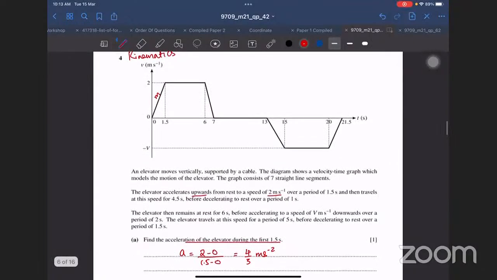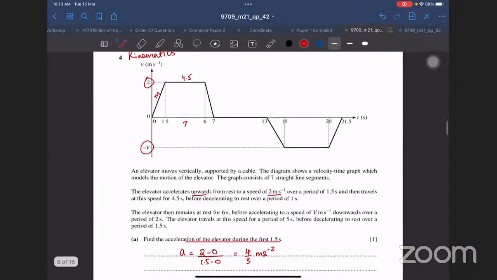For trapezium 1, I have a height of 2, and parallel sides 4.5 and 7. For this one, I have a height of V and parallel sides 5 and 8.5.